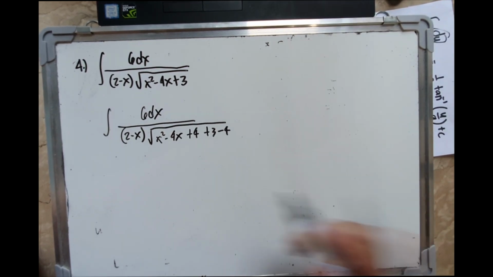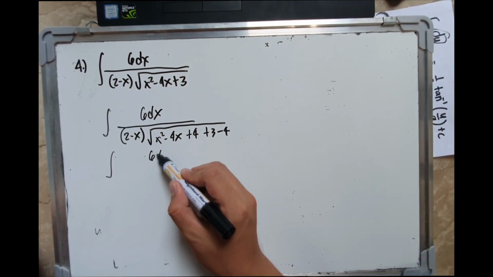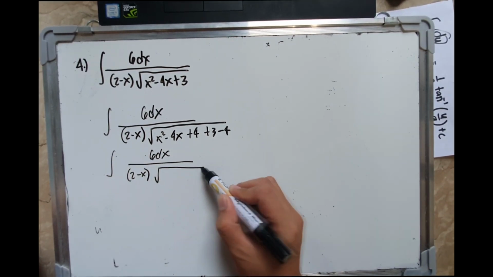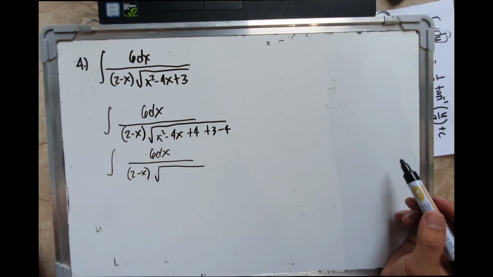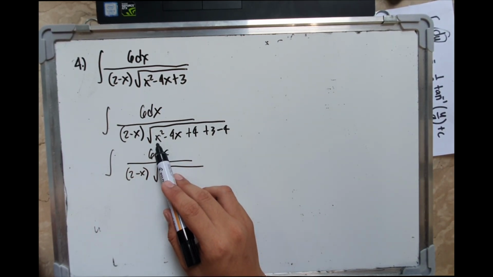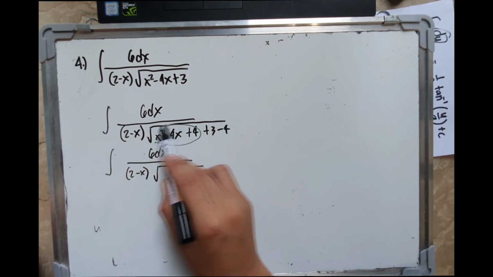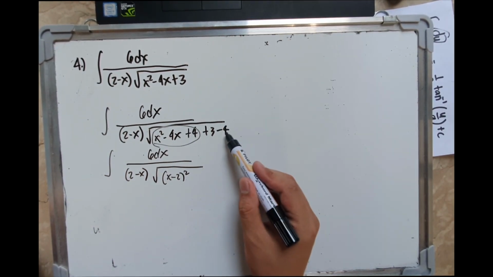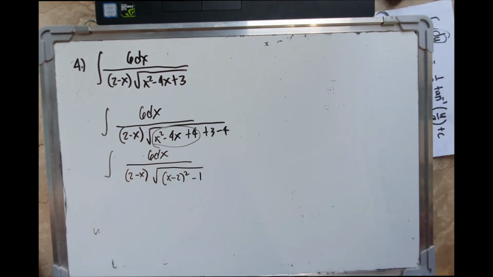Now let's try to factor. We have 2 minus x, the square root of, how about this one? So as you can see, we can factor this one with x minus 2 squared, 3 minus 4, that is negative 1.